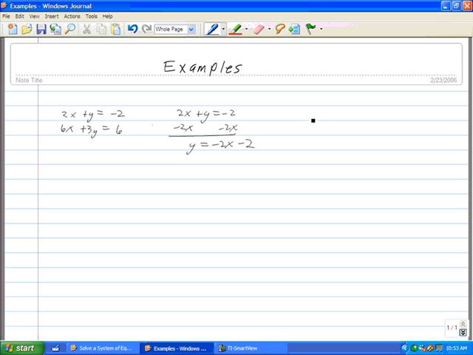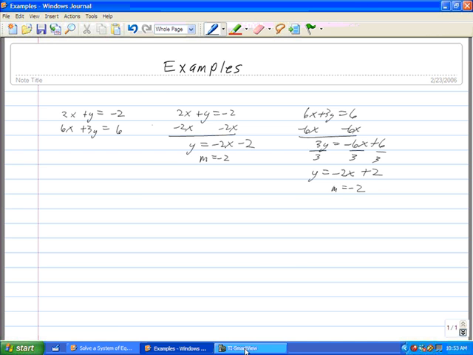And the next equation, subtract over the 6x. Divide off the 3. Now here's what we have. The first slope is negative 2. The other slope is negative 2. But the y-intercepts are different.